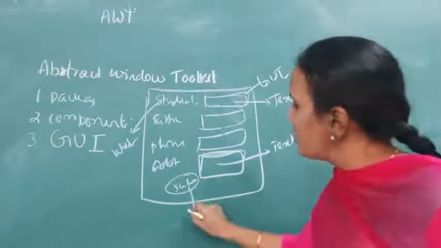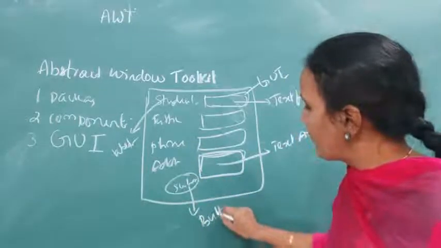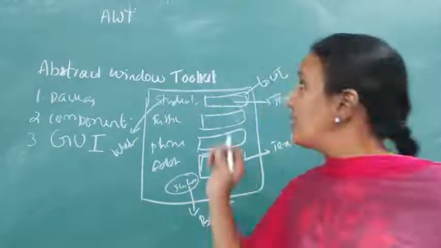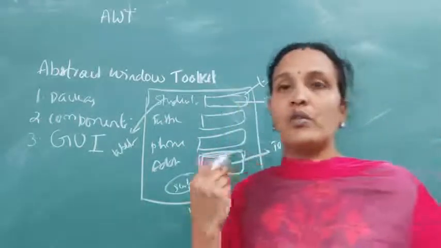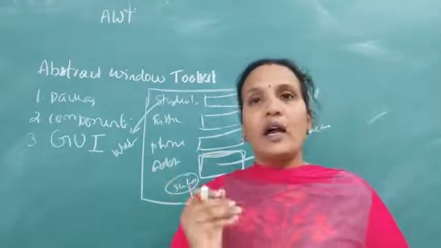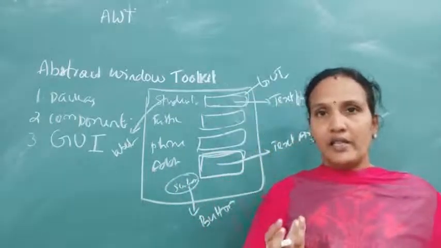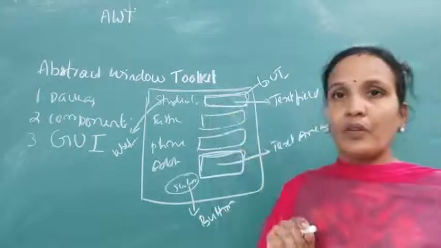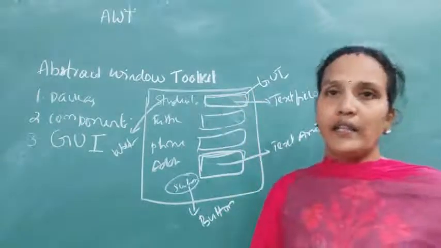Label is only one line of text, and the text field is also one line of text. But here the user will enter the content, and whatever content the user is entering will be inside this rectangle box.